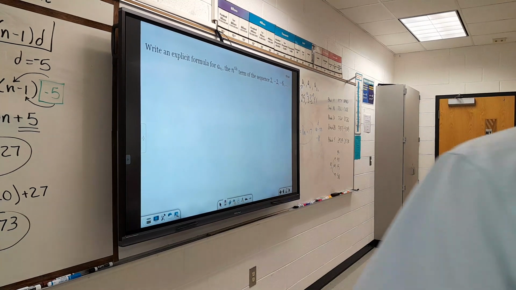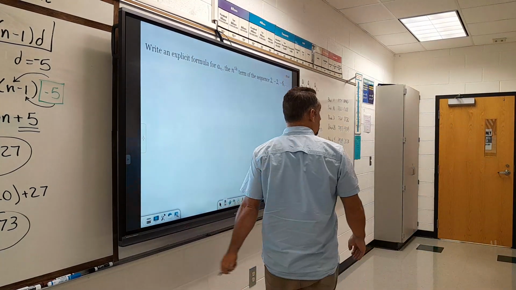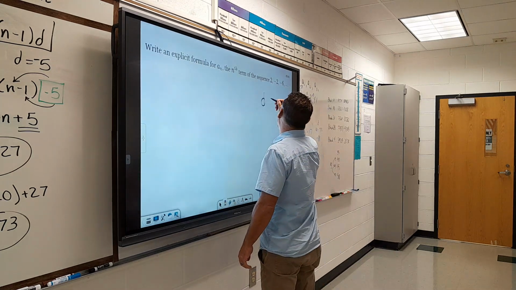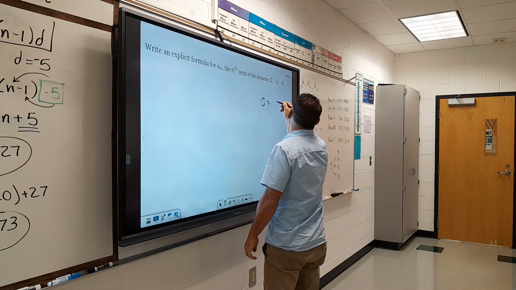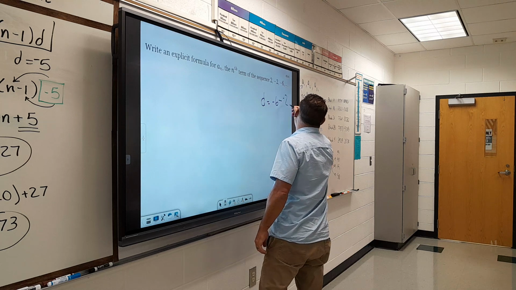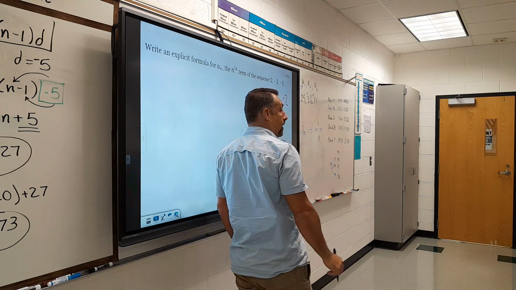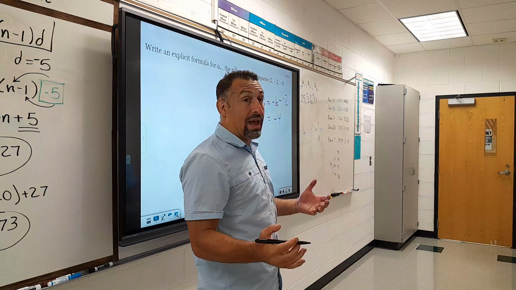All right, what is the pattern number? It says negative 4, so we need to find that d value, and I'm going to say negative 6, take away negative 2, the number before it, and it does give you, in your calculator, a negative 4. We mostly have the answer already.